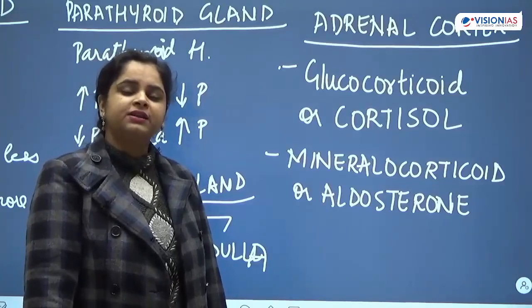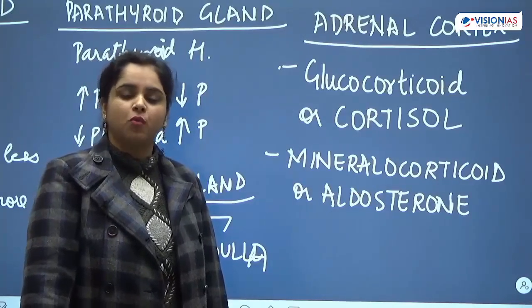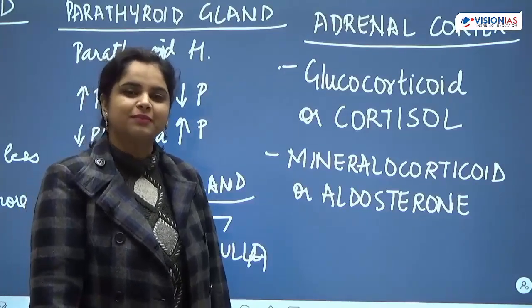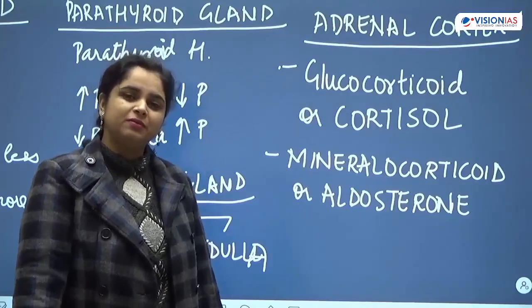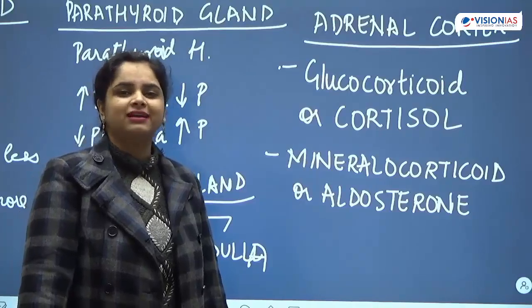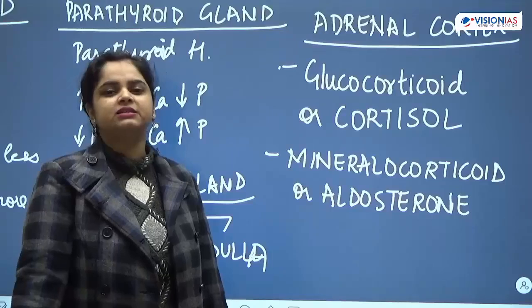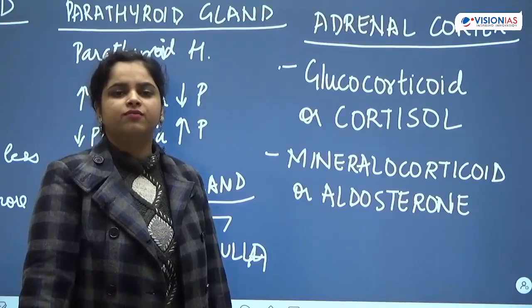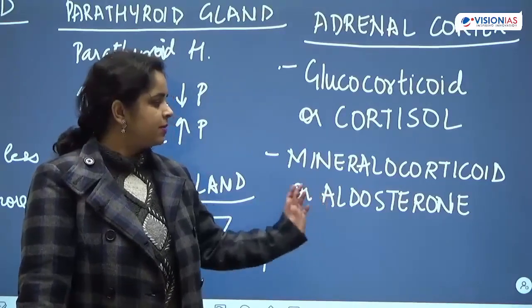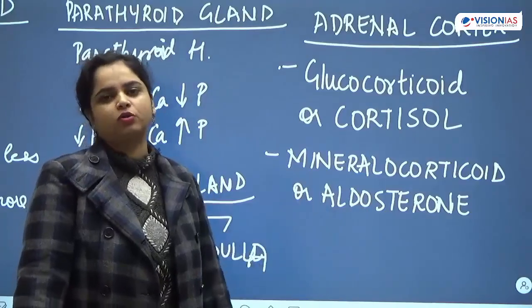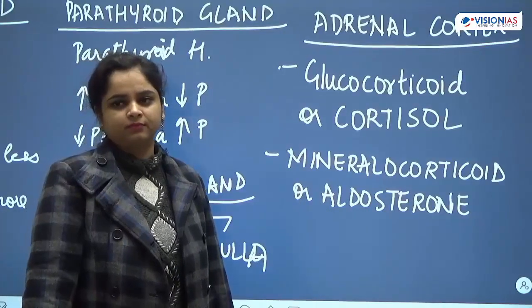How this will affect is ultimately this amount of water and this amount of minerals, they're going to be there in the blood. So that means the quantity of blood will be regulated along with the fact that the pressure of blood will be regulated. So out of the many reasons in the world for fluctuations in blood pressure, presence or absence or you can say levels of aldosterone are also one of them. Okay.